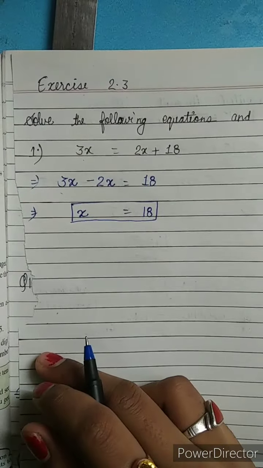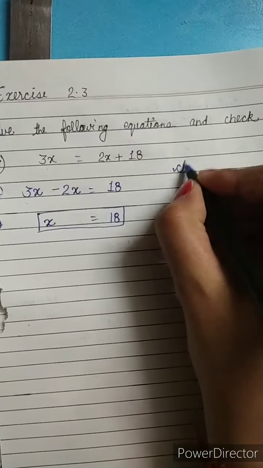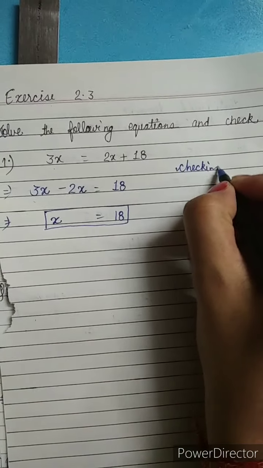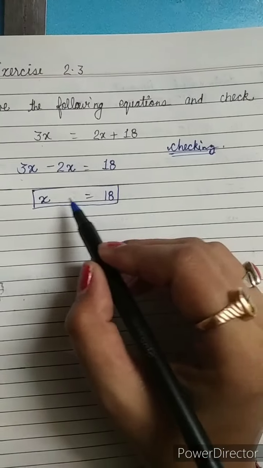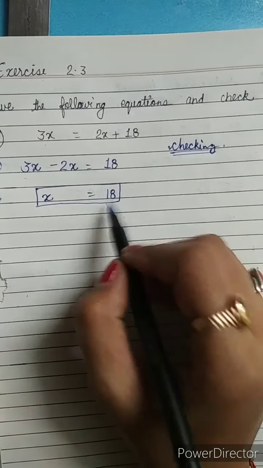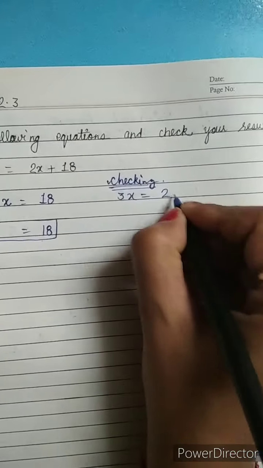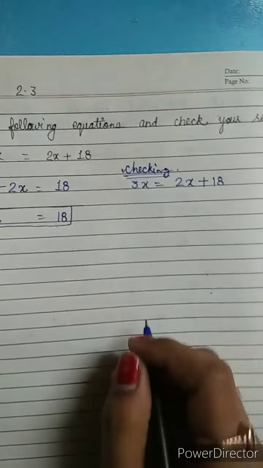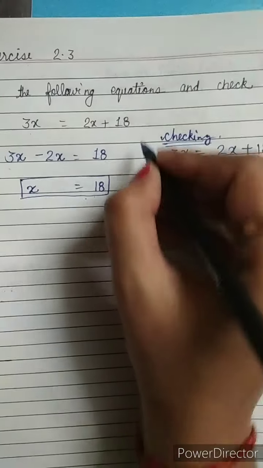One more thing, the question said to check your answer. For checking, we will put our x value in the question. What is our question? 3x is equal to 2x plus 18. We took the x value as 18.